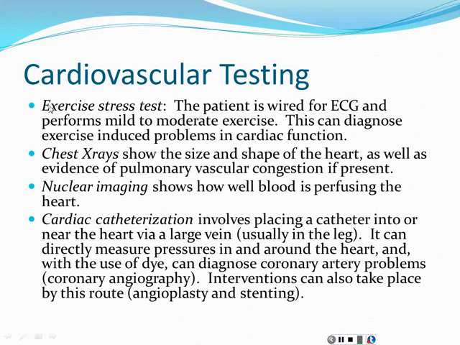In old people, we do this with chemicals instead. We give them a medication that effectively does the same thing. Increases the workload of the heart, causes a little vasoconstriction, and it challenges their system to see if there's a problem that develops with exercise.